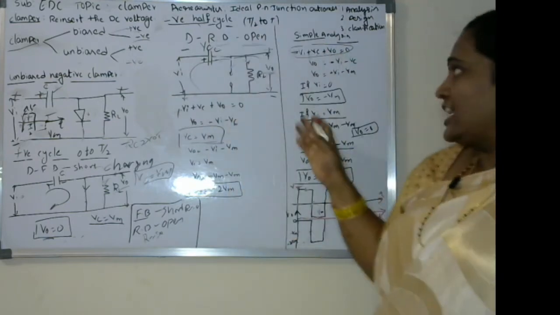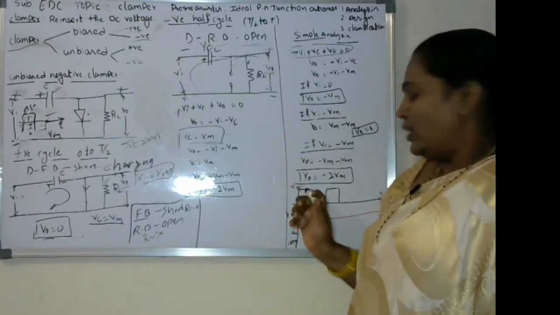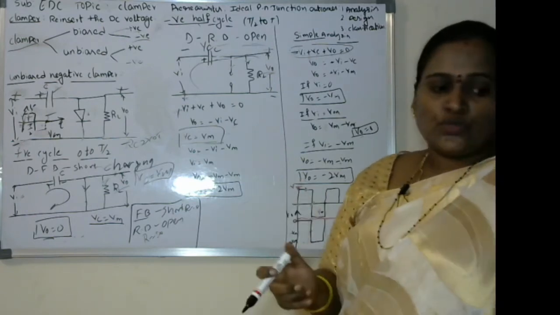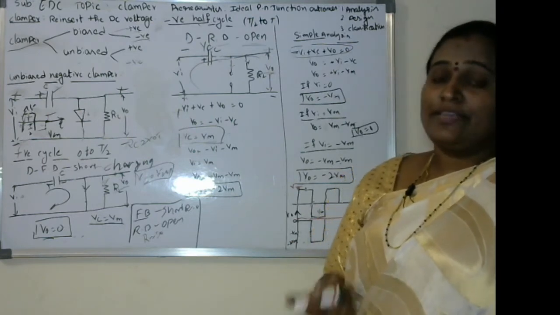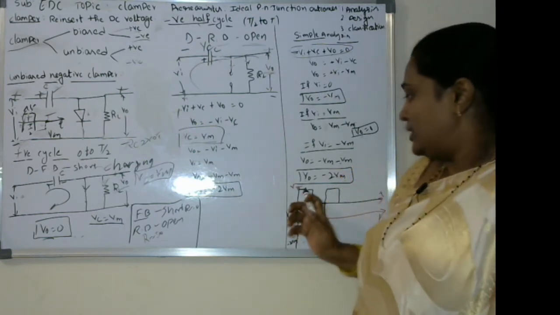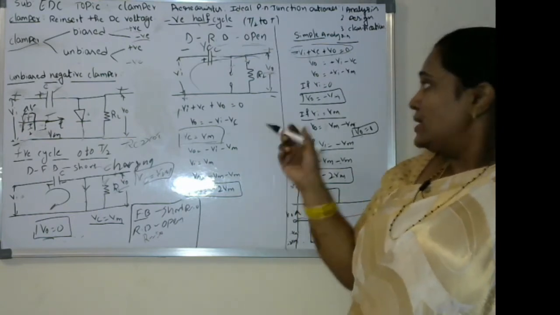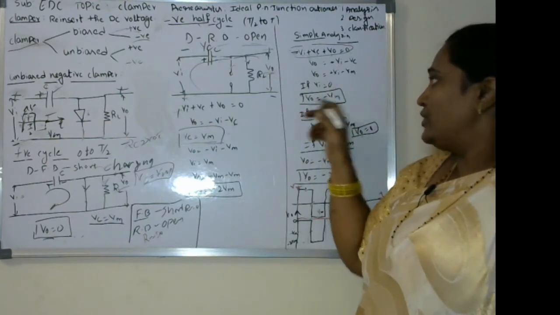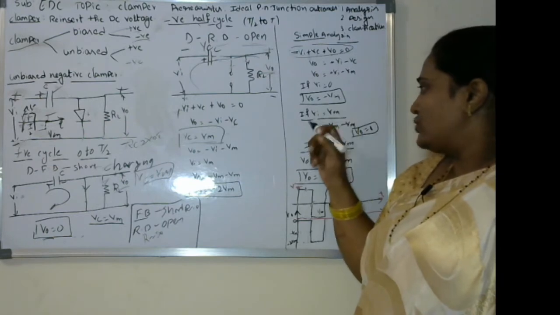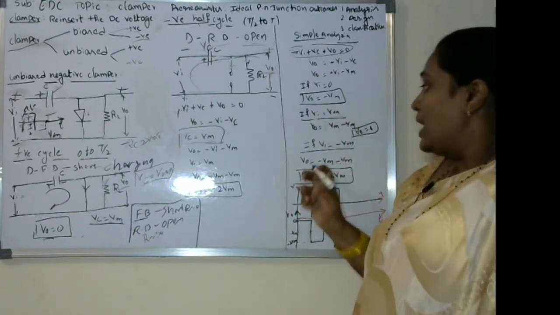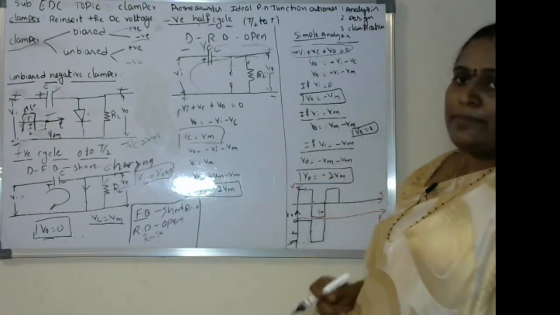Once we have applied the KVL equation, we have to substitute the values for what happens when Vi equals Vm, what happens if Vi equals 0, and what happens if Vi equals minus Vm, since there are going to be three cases. So we have calculated if Vi equals 0, V naught will be equal to Vm, and if Vi equals Vm, V naught equals 0, and if Vi equals minus Vm, V naught will be equal to minus 2 times Vm.